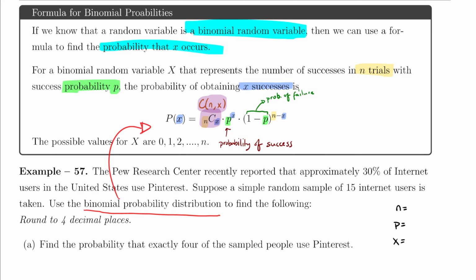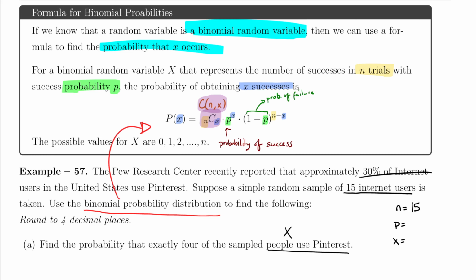So we know n always represents the number of trials. In this case, it said 15 users were selected. So that's our pool that we're drawing from. So n is 15. Now, what is considered a success here? We're interested in how many people use Pinterest. So that's our success, people who use Pinterest. And we were told 30% of people use Pinterest.